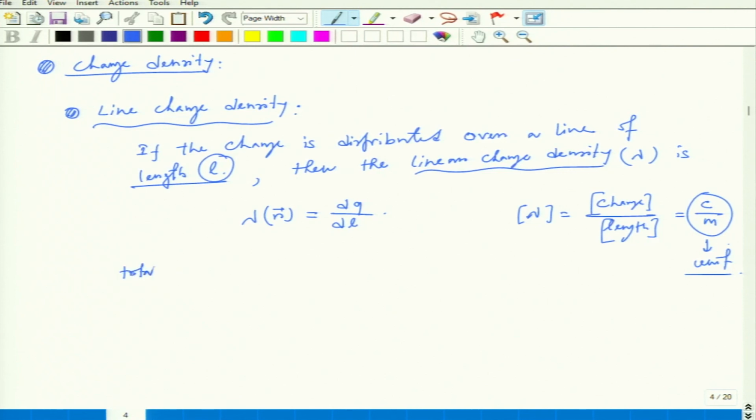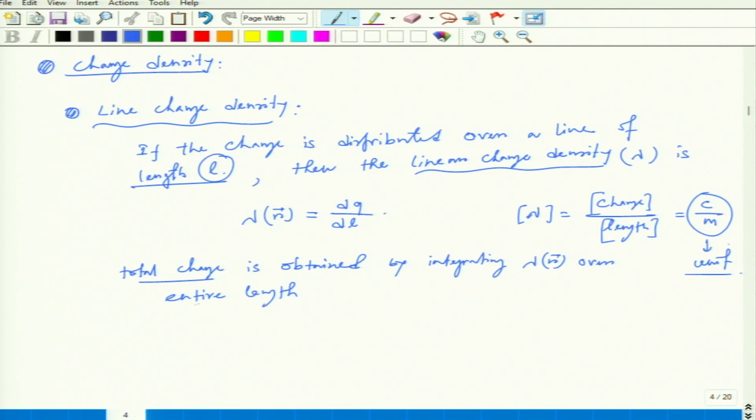The total charge is obtained by integrating lambda over the entire length, so q equals the integral over the line of lambda as a function of r times dl.